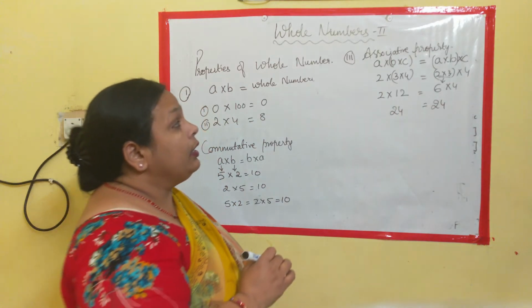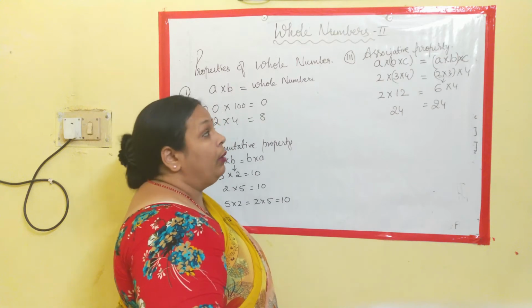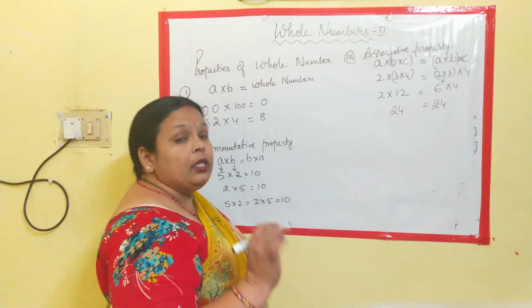So we are clear that for the associative property, even when we take 3 numbers, the result is the same.